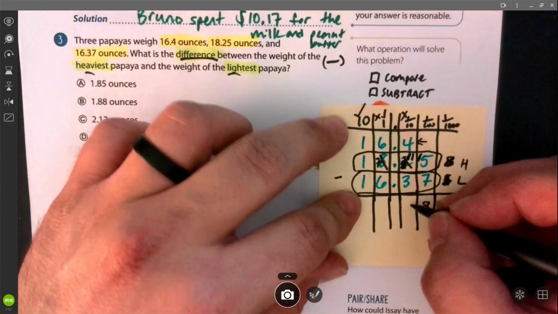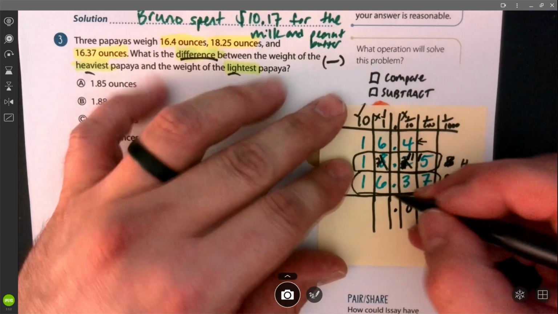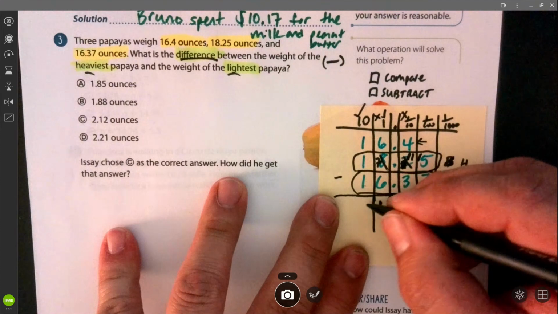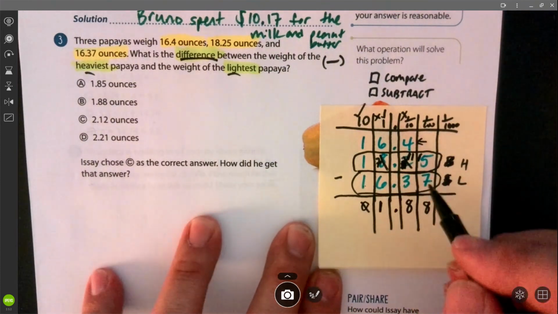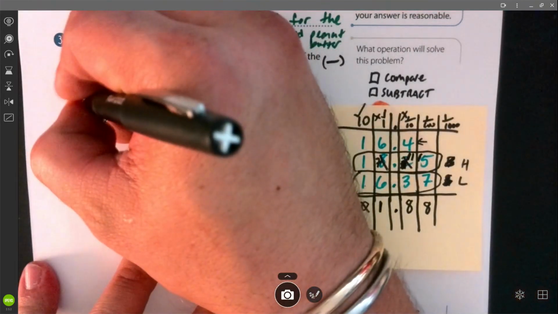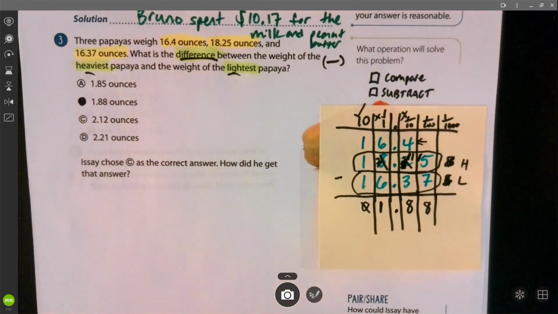That's 8. Then 7 take away 6 is 1. And then 1 take away 1 is 0. So I found the difference is 1 and 88 hundredths ounces. That's B. Okay, and then we got another thing here.